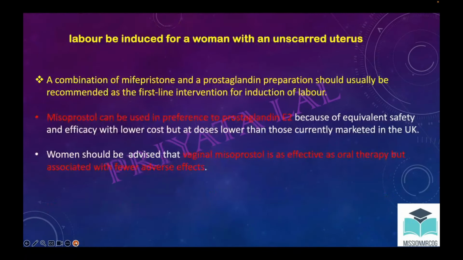Labor can be induced if the woman has an unscarred uterus, meaning there has been no scar. So what can be offered to them for induction of labor? The combination of mifepristone and a prostaglandin preparation is first line.